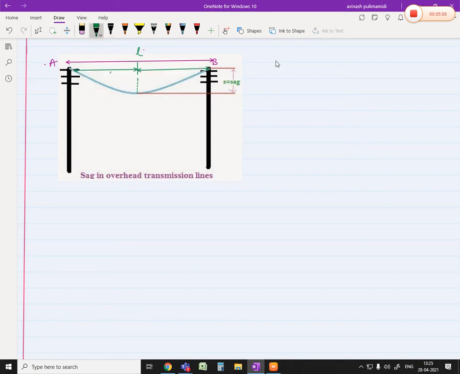So this and that length will be exactly L by 2 and L by 2. If the total length is L, then L by 2 and L by 2 are the two halves.